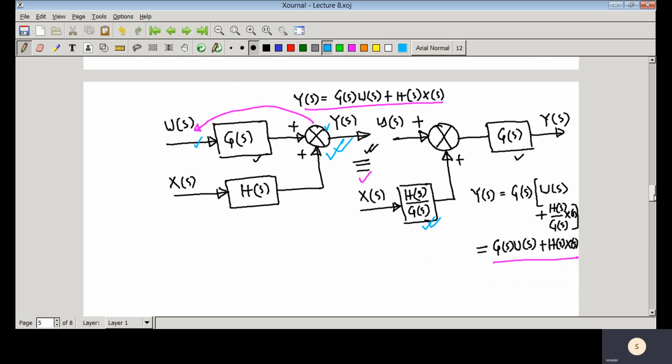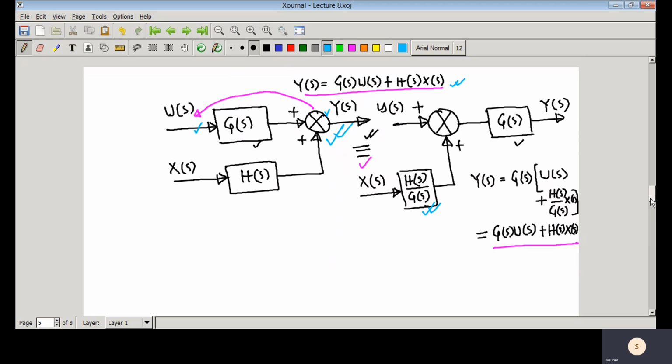So it is very easy to understand just by looking at that final expression. That means the signal you are getting, you need to make both the expressions same. Accordingly, you need to modify the block diagram transfer function.